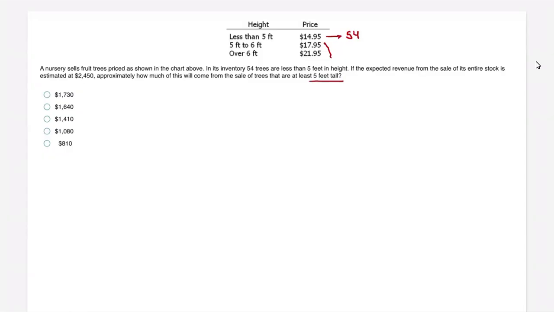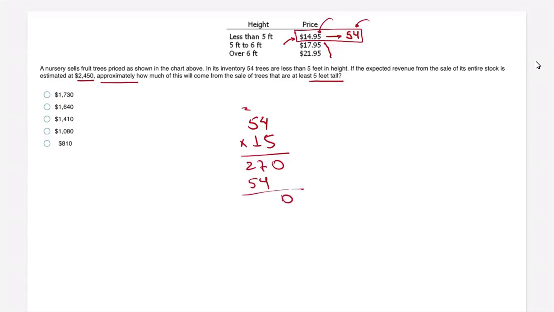Let's do this first. Quantity times value, okay? And let's take from this. He said approximately, so instead of doing 14.95, I will do 15. 54 times 15 is $810.